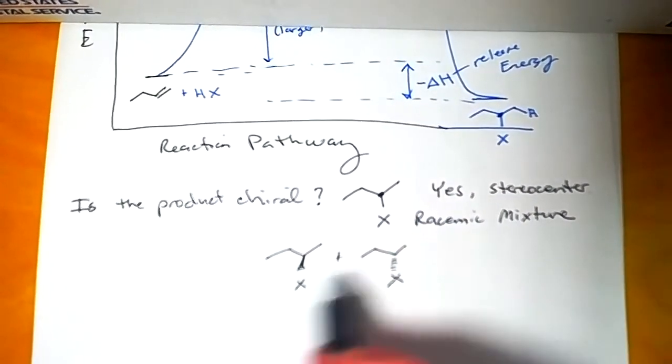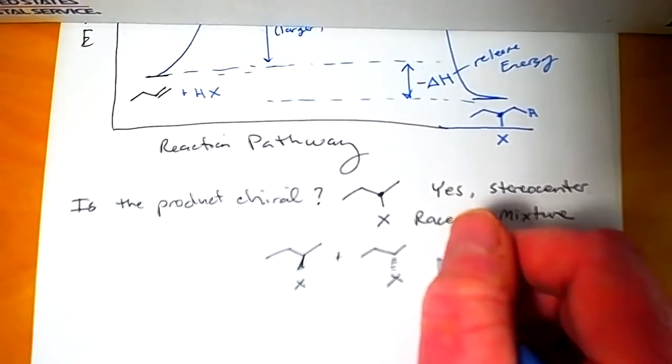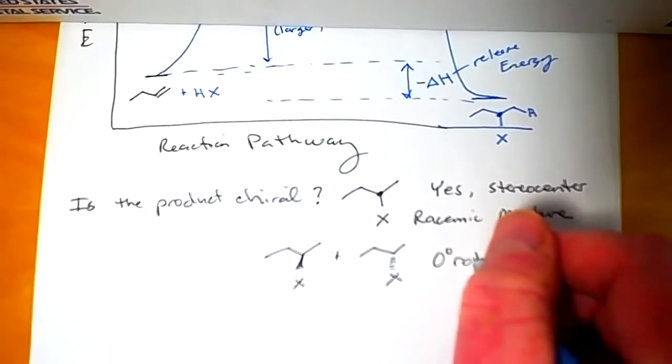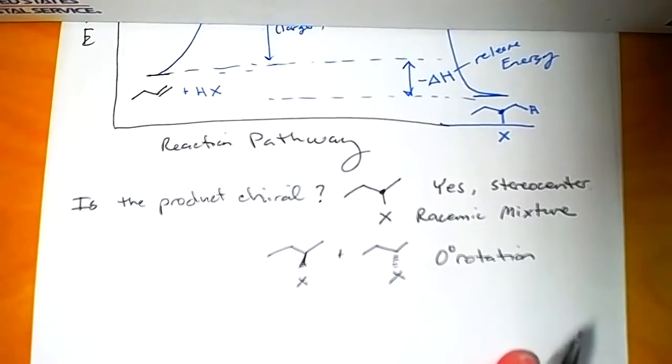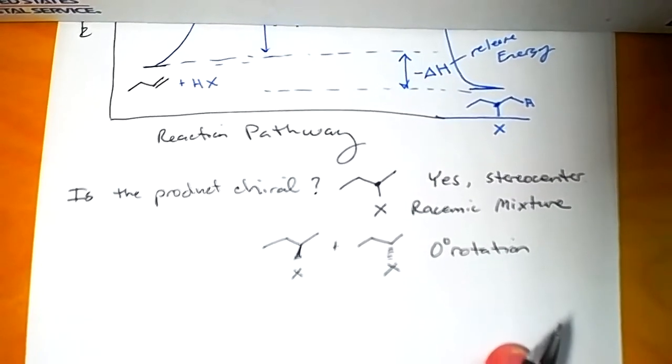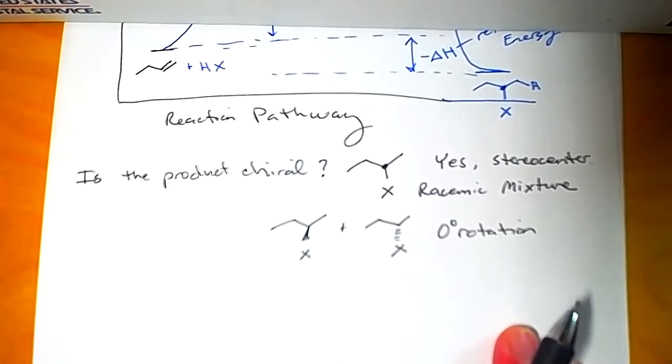Each one of those is individually chiral, but together they are going to have a 0-degree rotation, as half of them are rotating plus, half of them are rotating minus. So in this particular reaction, if you do generate a stereocenter at the position that you are adding in your halogen, that position is going to be racemized.